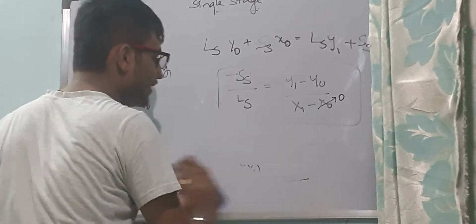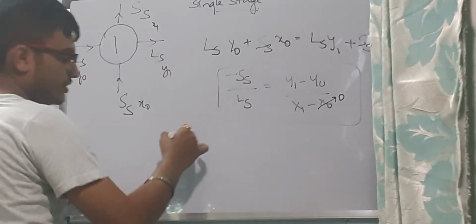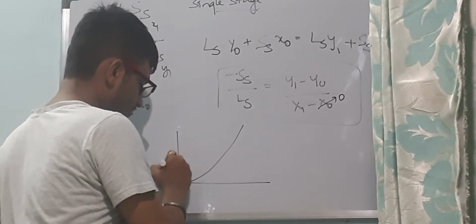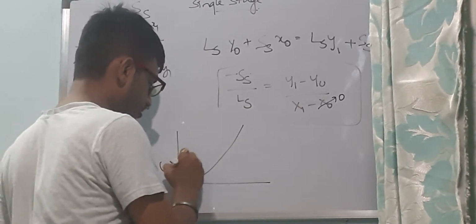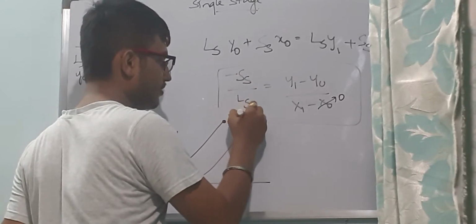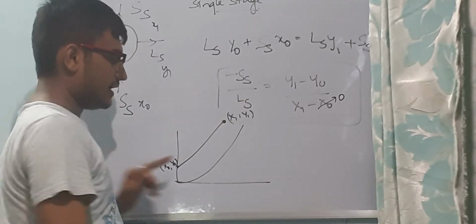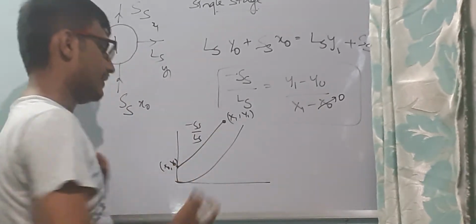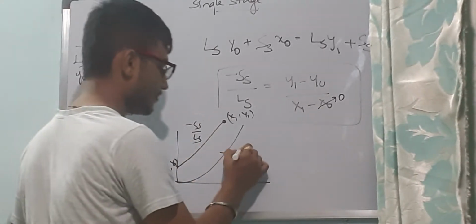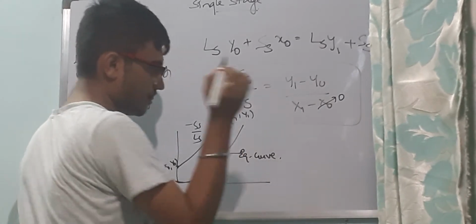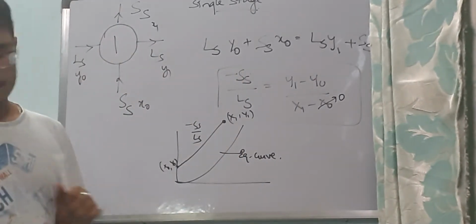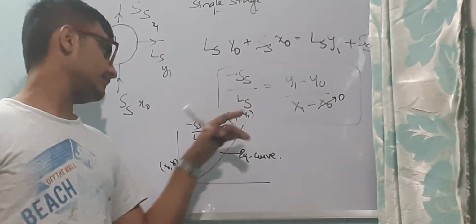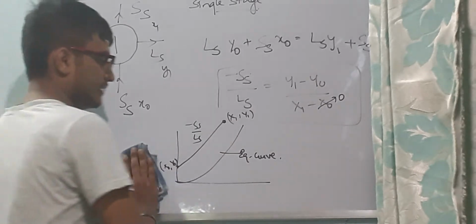This is the operating line equation which passes through the points X0, Y0 and X1, Y1, with the slope minus Ss by Ls. This is the equilibrium curve. Okay.